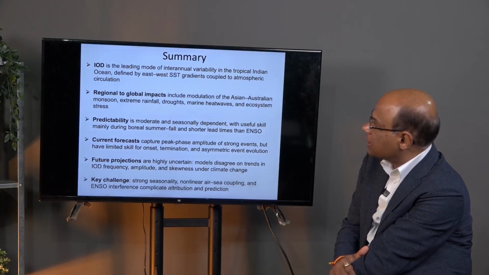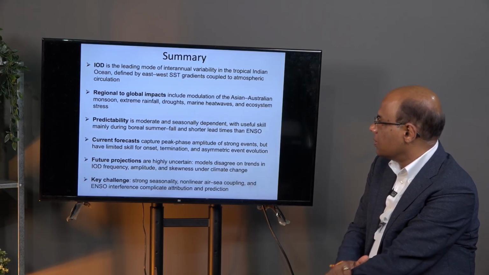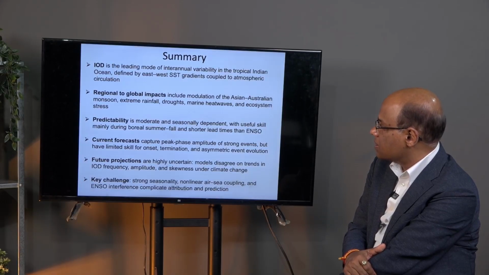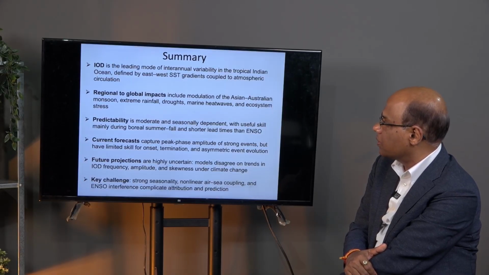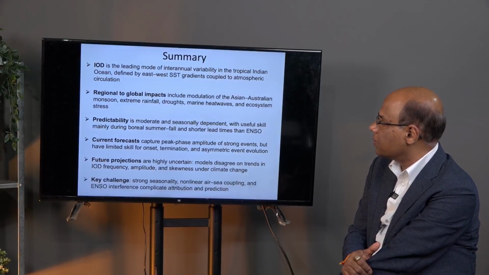Predictability is moderate compared to ENSO and seasonally dependent, with useful skill mainly coming during boreal summer and fall, and has shorter lead times compared to ENSO. We have seen that the dynamical predictions are good 3 to 4 months ahead.